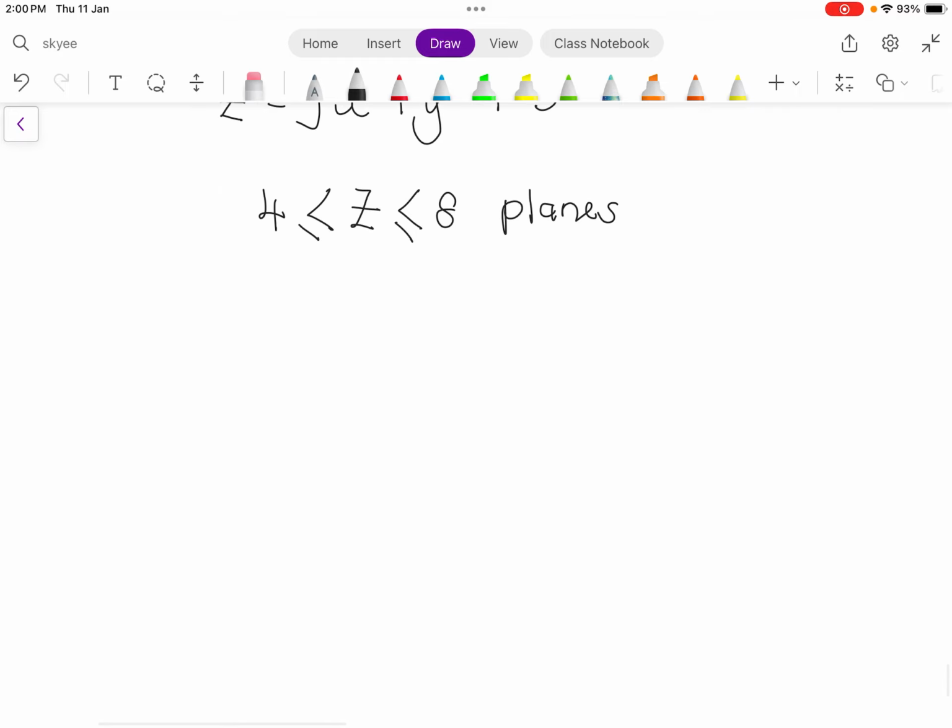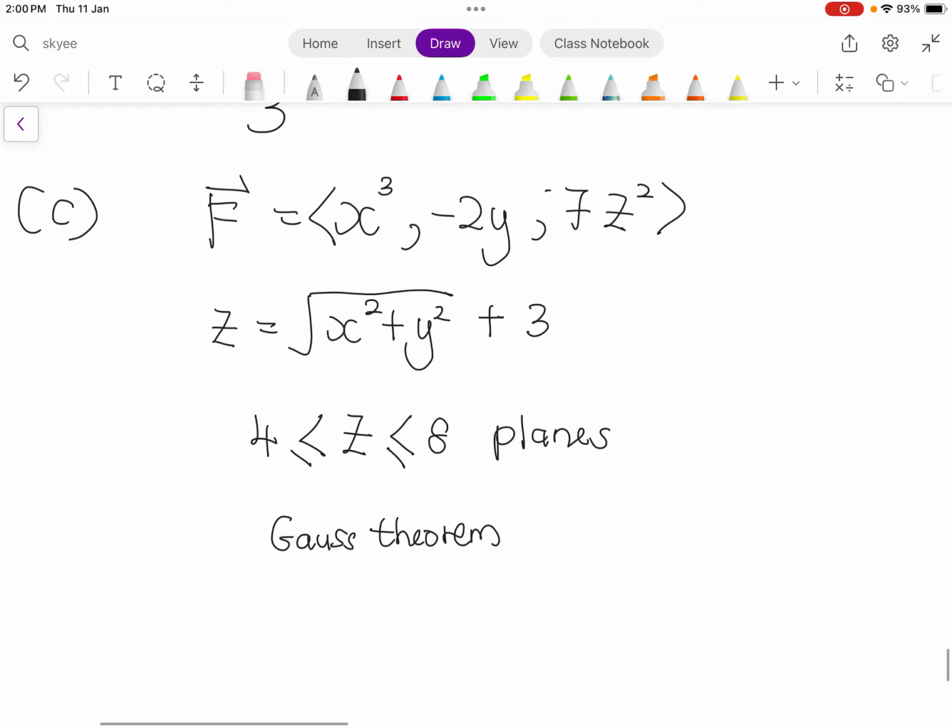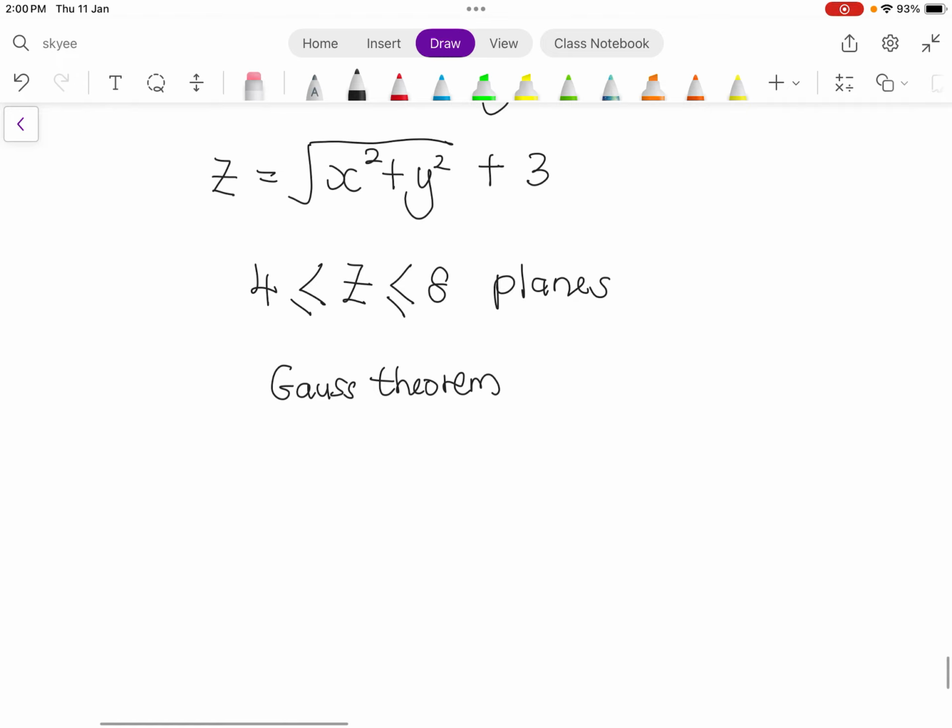So you have to use the Gauss theorem. This question is very similar to the previous question, finding the flux from the surface of the cone, but it's asking you to use the Gauss theorem.